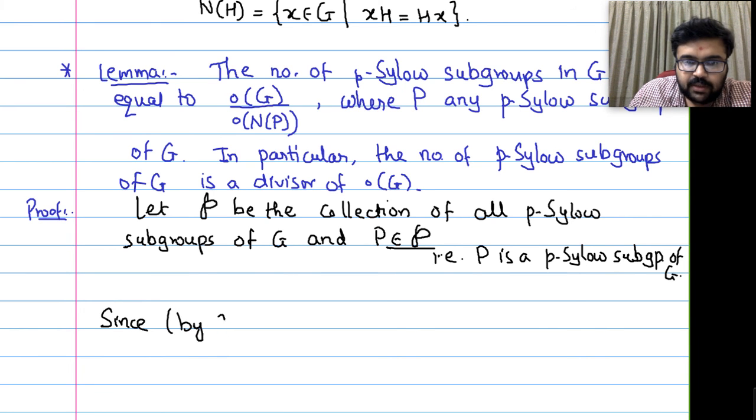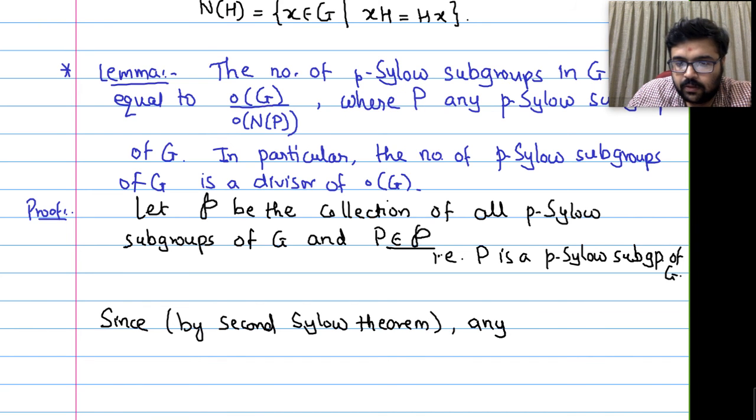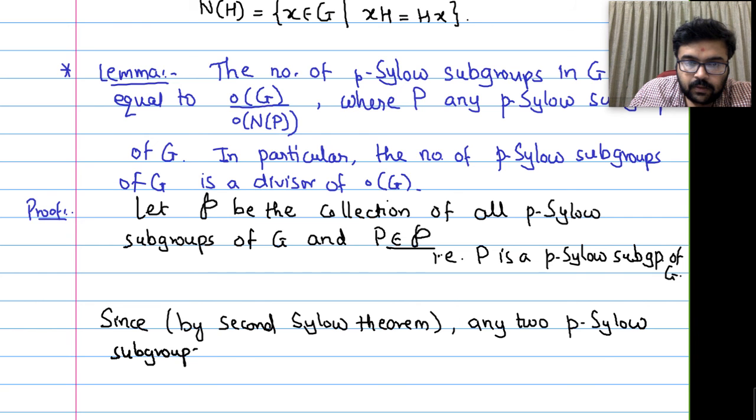This is by the second Sylow theorem: any two p-Sylow subgroups are conjugate.